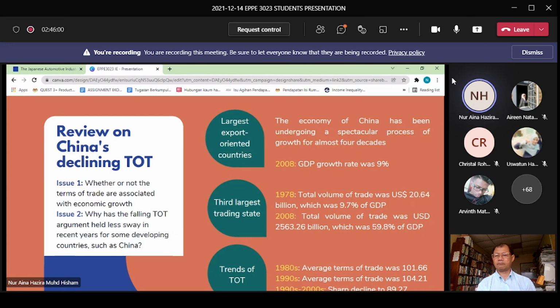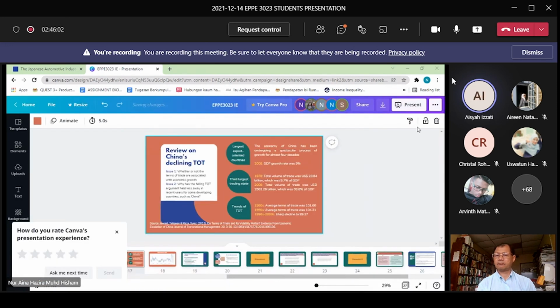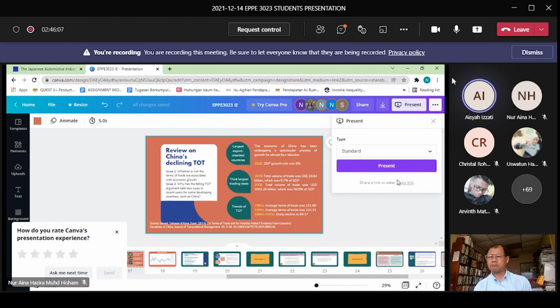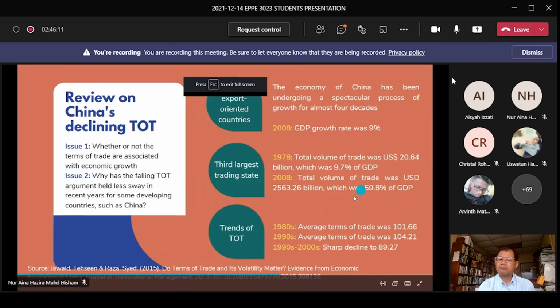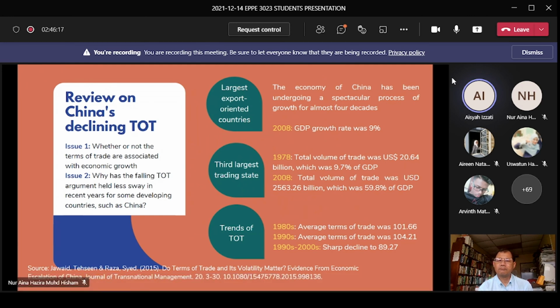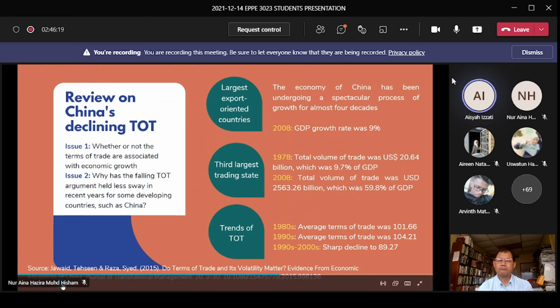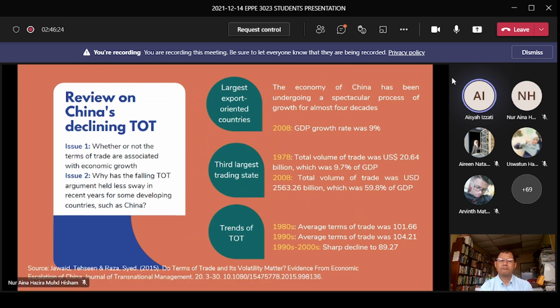I will explain the review on China's declining TOT. The economy of China has been undergoing a spectacular process of growth for almost 4 decades. During 2008, the GDP growth rate was 9%, even considering the world financial crisis.